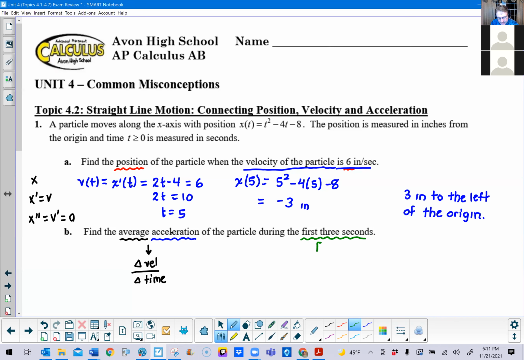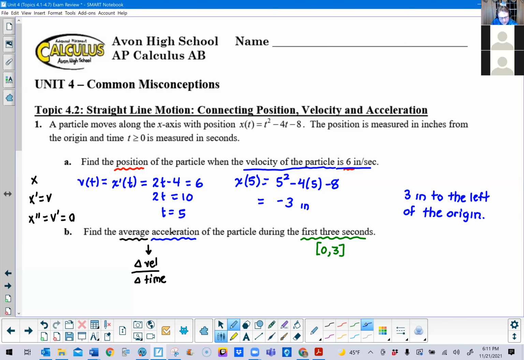Just like in here, we want time 0 to time 3. So remember, if you see the language, the first 3, whatever, first 2 seconds, minutes, whatever, you're going to want to start at 0. It's probably not likely the AP exam would try to be that tricky. They'll probably just say on the time interval 0 to 3. I may do the same thing on the exam, but I just want to make sure that we've taken care of that if it ever shows up in the future.